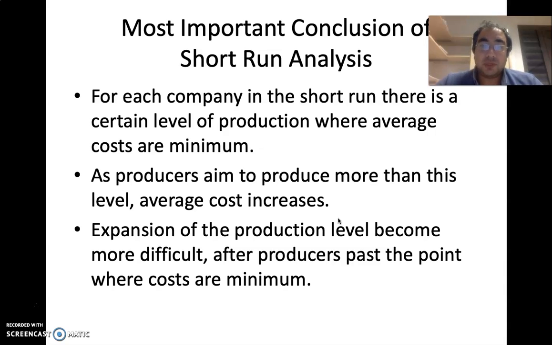The most important thing it tells us is for each company, or for an average company in each sector, in the short run, there is a certain level of production where the costs are minimum. If the producers aim to produce more than this amount, average cost increases, and expansion of production becomes more difficult after producers pass this point when the costs are minimum.